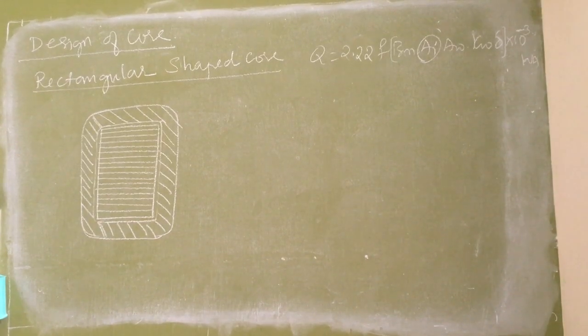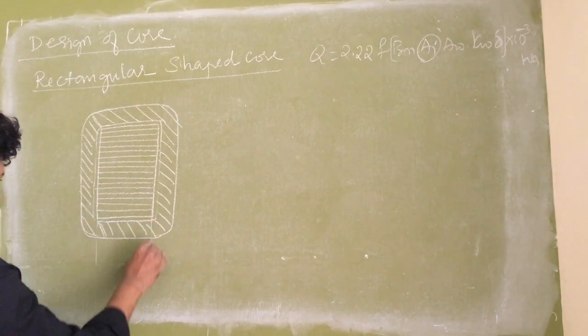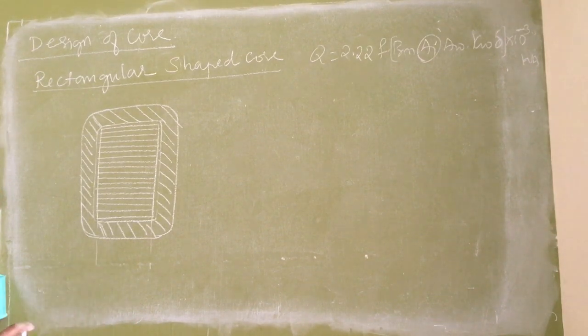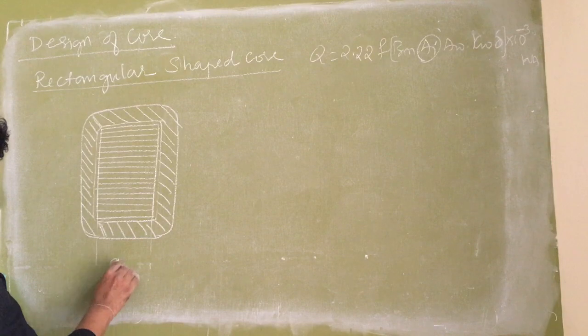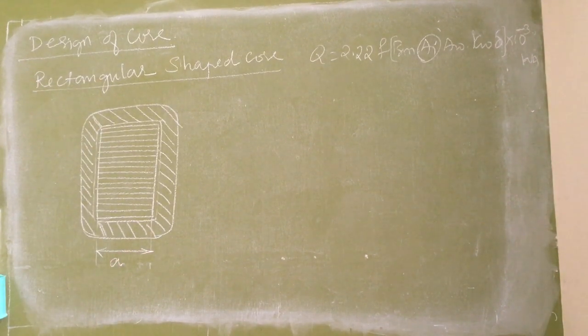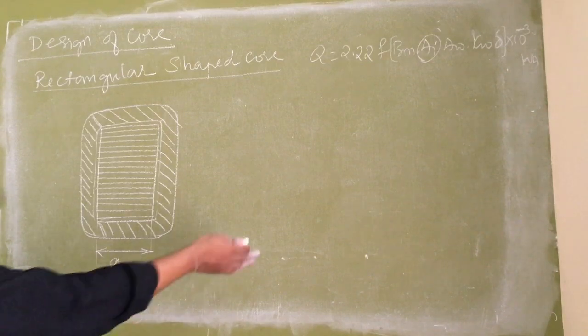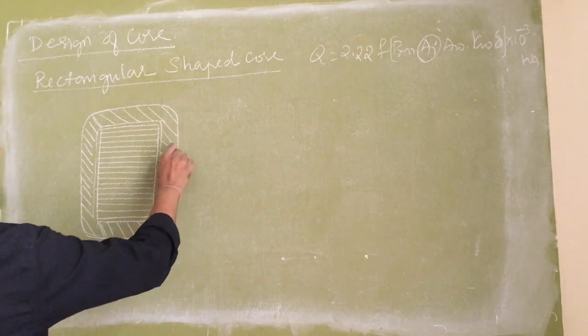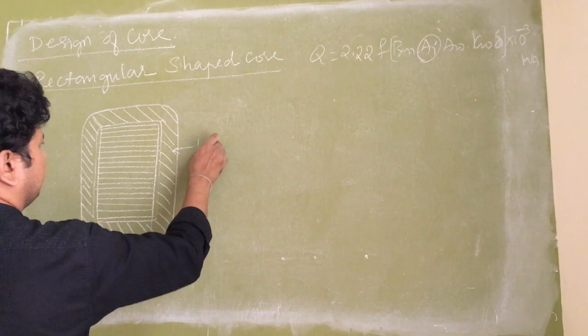So this is the winding. This is the width of the core, A small. The notation is A only. We will get to see later. Now this is the winding.